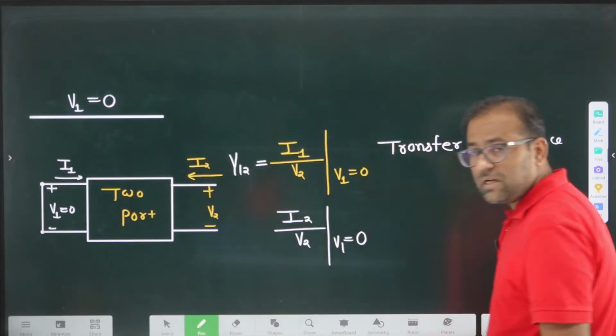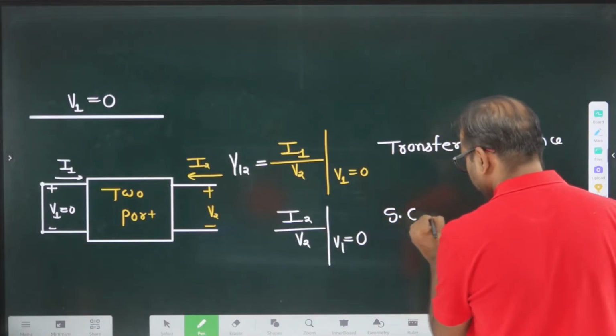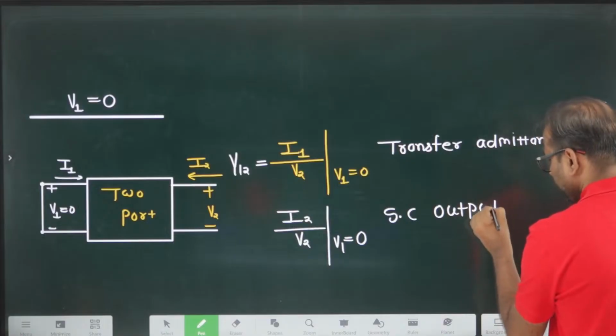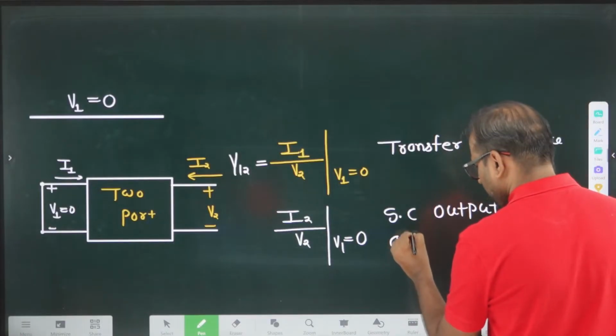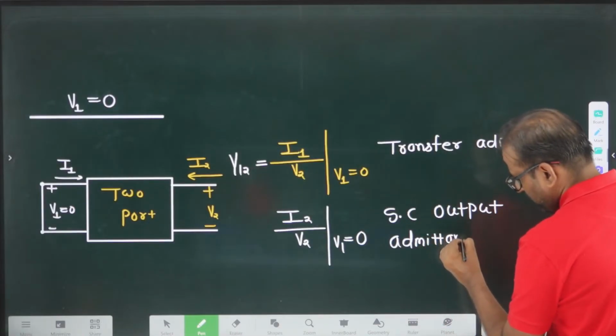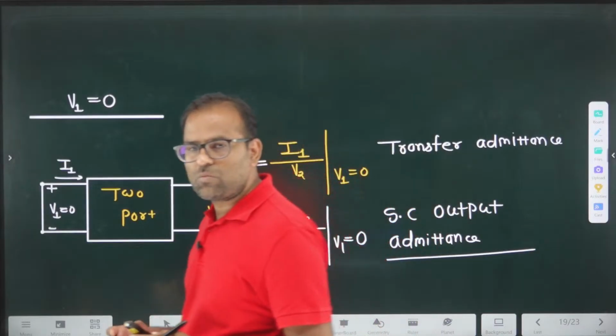What is short circuited? Input is short circuited. We can call this a short circuit output admittance.